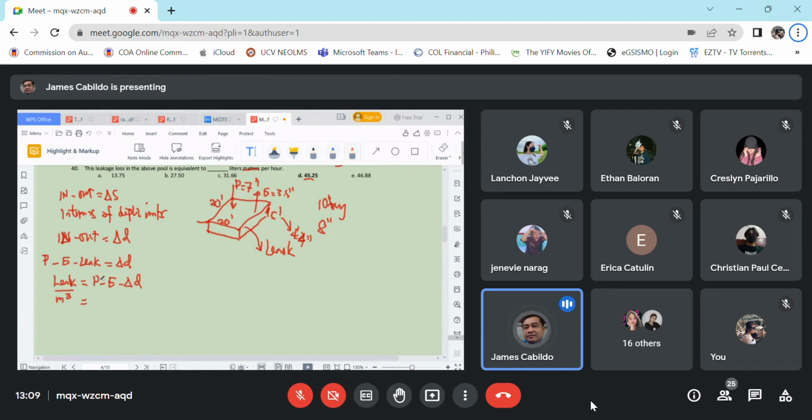So, ano ang precipitation natin? Depth units, that's 7 inches. Okay? 7 inches. Minus evaporation ay 3.5 inch. Tapos minus, okay, yung change in depth.